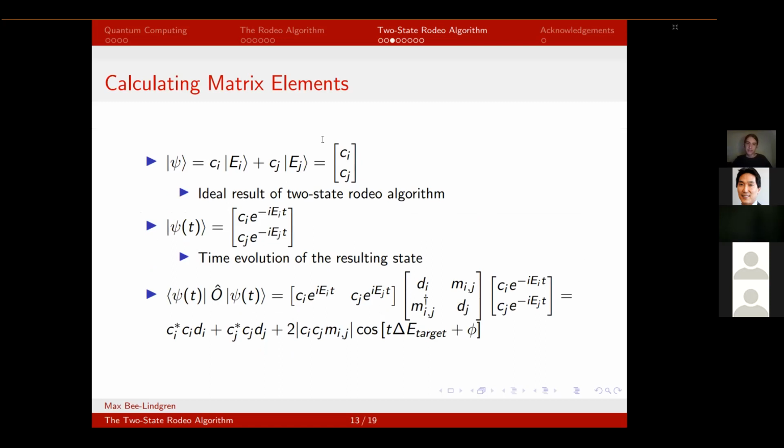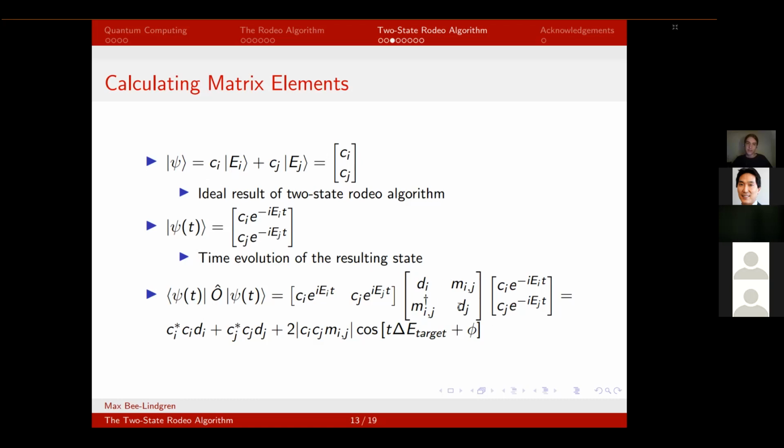So the ideal result is we just have two states isolated. In this case, we have Ci and Cj. These could be any energy states in the system. So we time evolve these states, so now they have this complex phase factor on them. And then we take the expectation value of some observable.